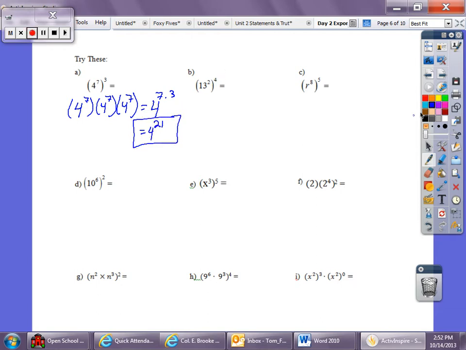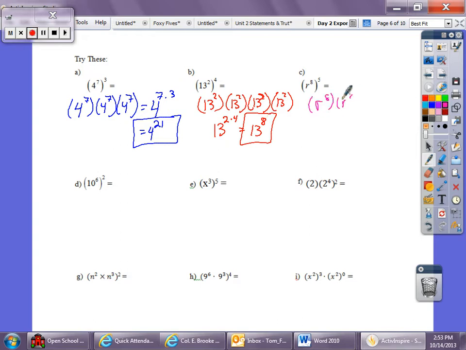13 to the second to the fourth. Once again, this is 13 to the second, and we do this 4 times. Well, 13 to the 2 times 4 gives me 13 to the 8th power. If we continue with this, we have r to the 8th to the 5th.